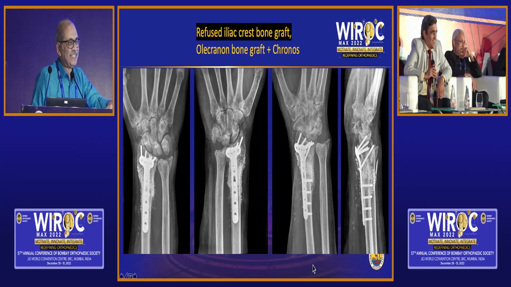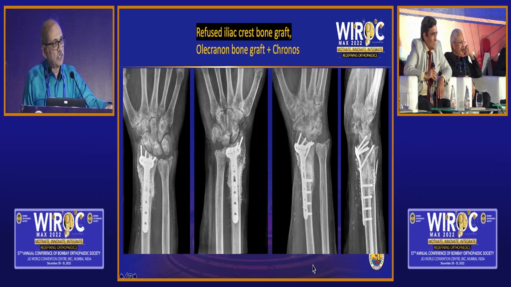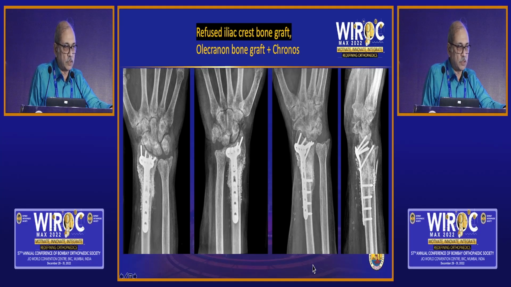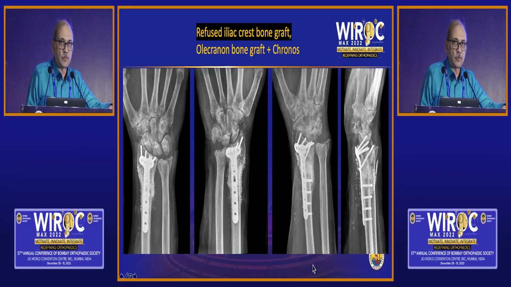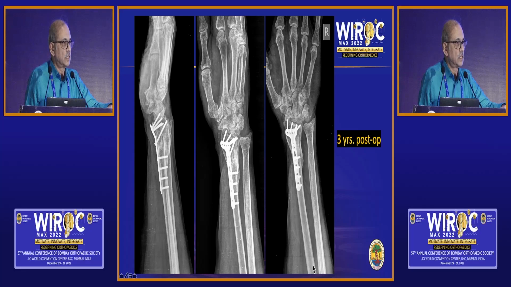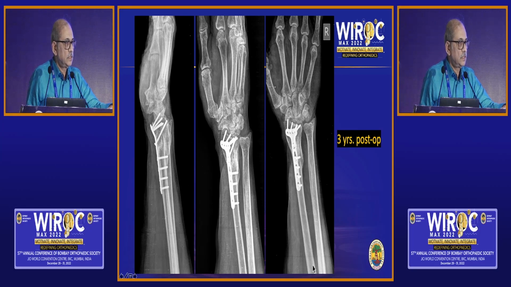Yeah. So I put in a distal radius plate and I put some corticocancellous graft from the olecranon and supplemented it with Kronos, and immobilized it in an above elbow slab kept in supination for about 6 to 8 weeks. And this is the 3-year post-op. After suture removal, he came directly after 1 year.